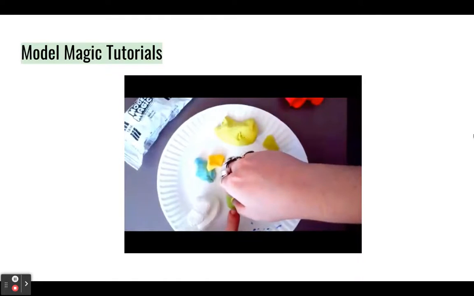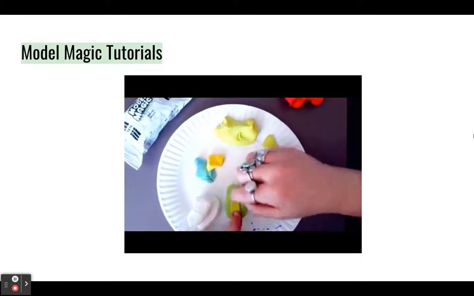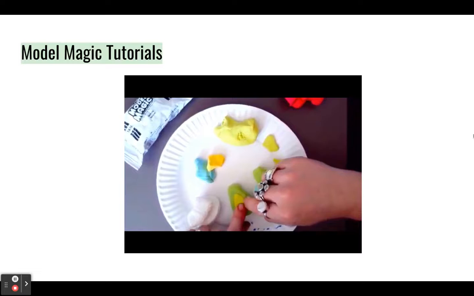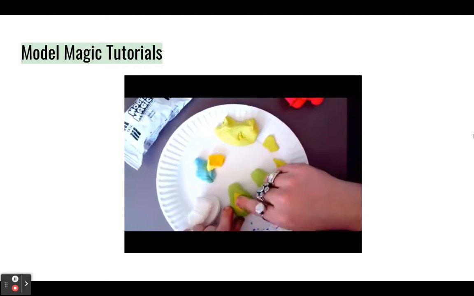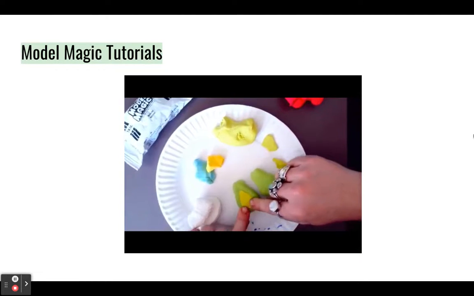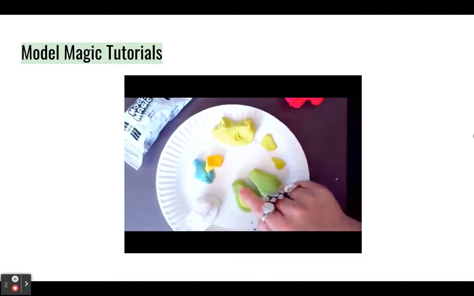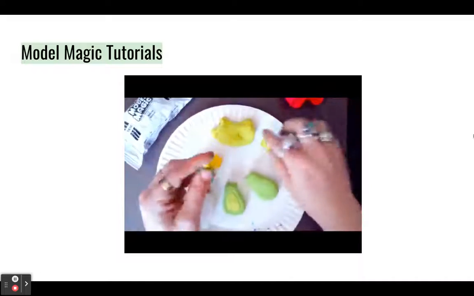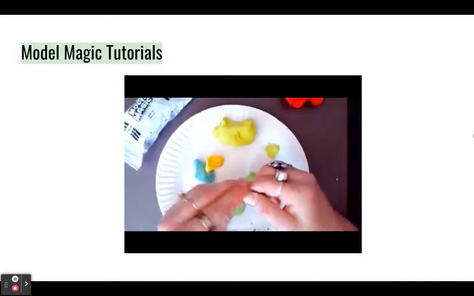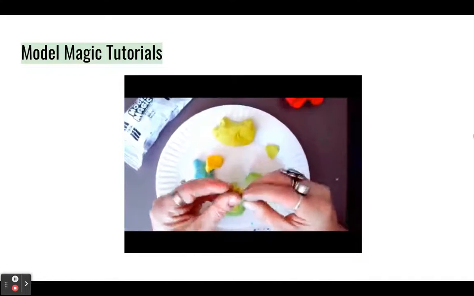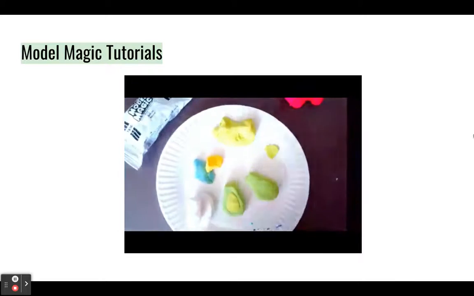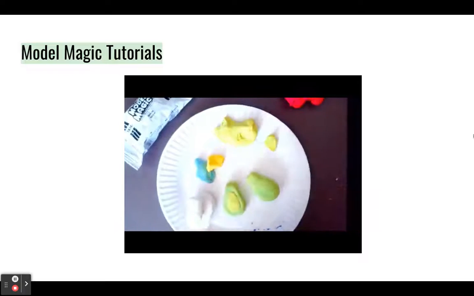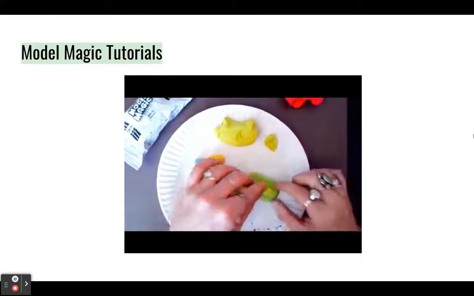So what I am going to do here now is I kind of want to make this like greenish, yellowish layer here. And it doesn't have to be perfect, but there we go. I'll do the same thing over here. I'm just making the overall shape of this.